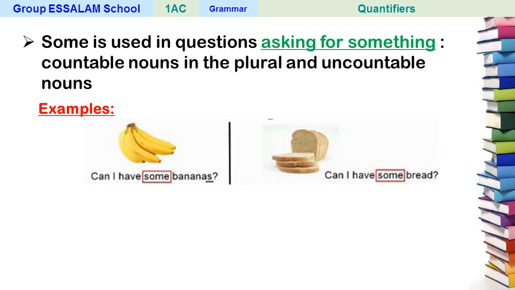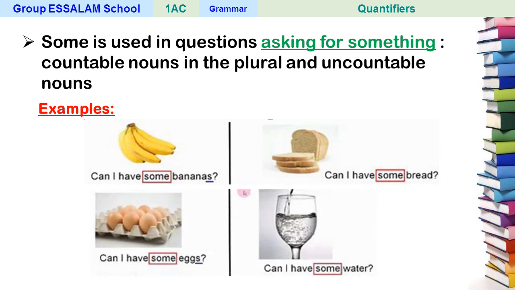This is a request. Also in the second example, can I have some bread? Bread is uncountable noun, and this is a request. Can I have? Can I have? Whenever you have seen the question starts with can I have, it means that it is a request.